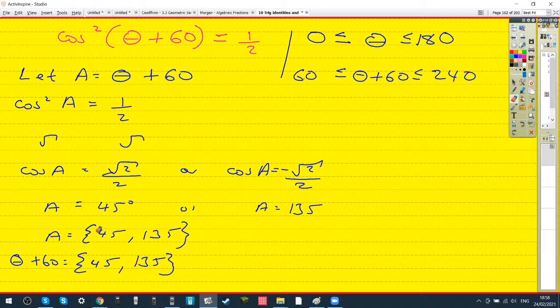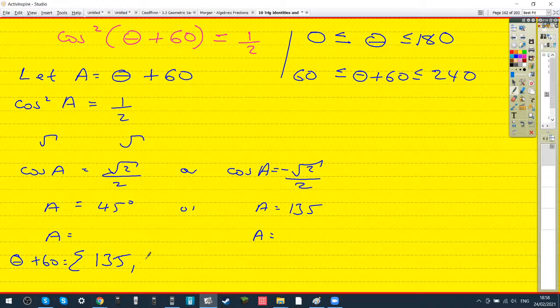And so are any of our answers not valid? 45. So what can we do about that? Add 360. Be outside the range. That'll be for your third solution. How would you get second solution for cos? 360 minus 45. Yeah. I think that's still not in the range though, is it? No. I think maybe you do 360 minus 135. What is 360 minus 135? 225.